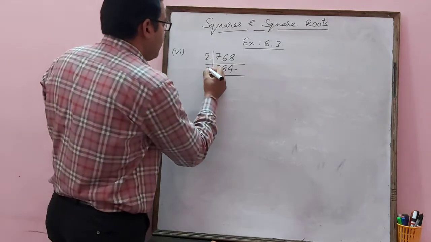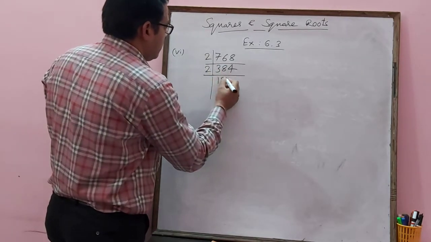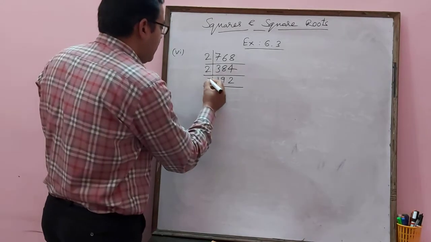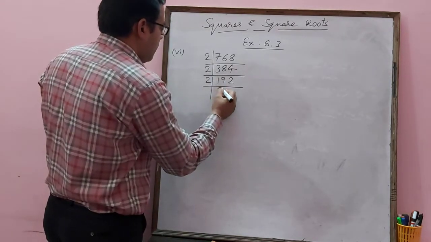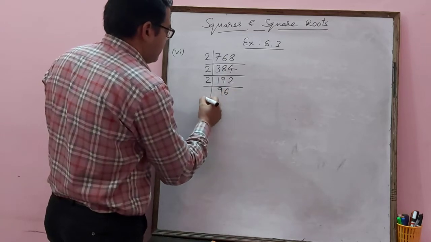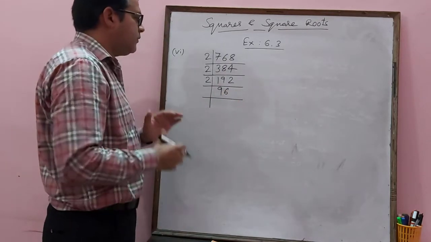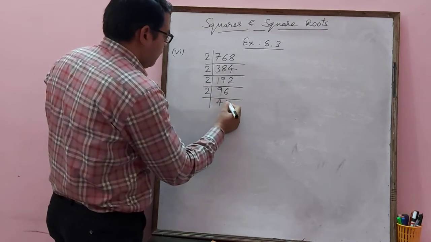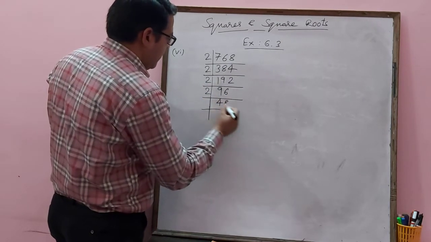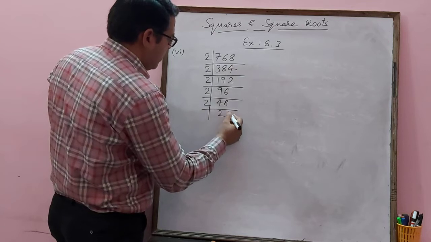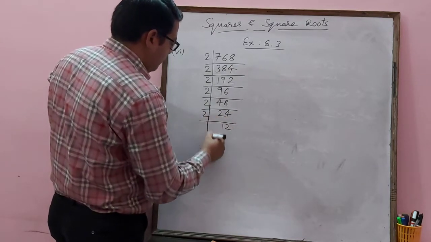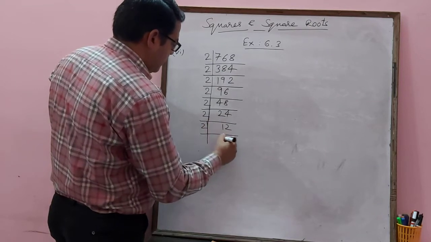Right? Again by 2, 192 times. Again by 2, 96 times. Right? Again by 2, 48 times. Again by 2, 24 times. Again by 2, 12 times. Again by 2, 6 times.